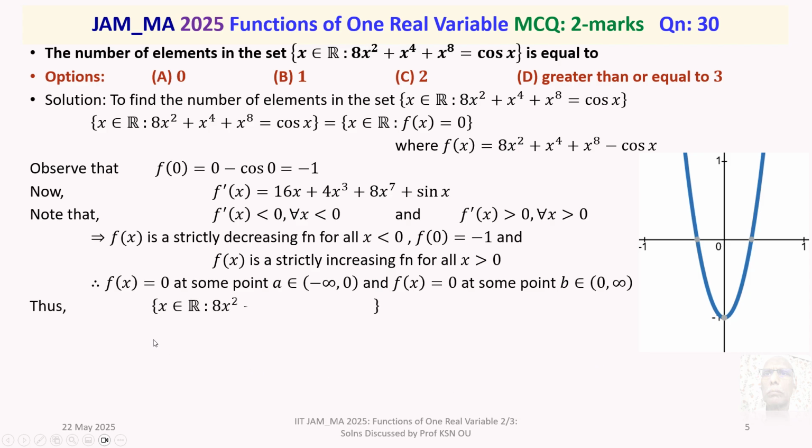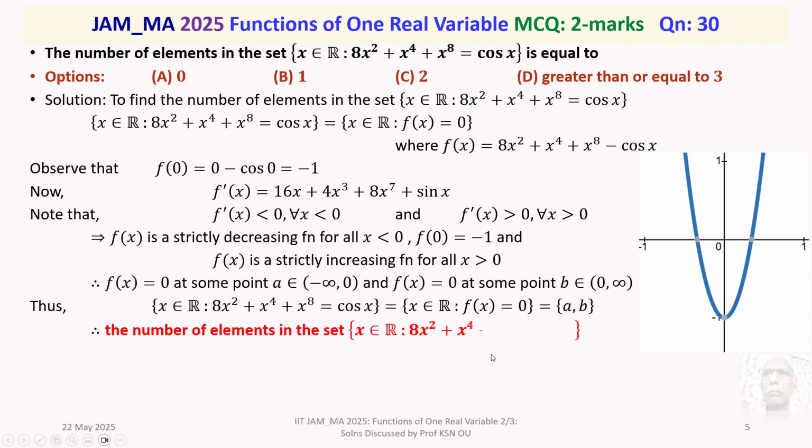And thus in this set we have only 2 points, namely a and b. Therefore the number of elements in that set is 2. The answer to this question is option C, and that is the detailed discussion of the solution of this problem. We continue in the next slide.